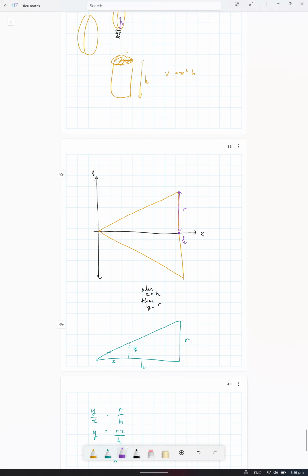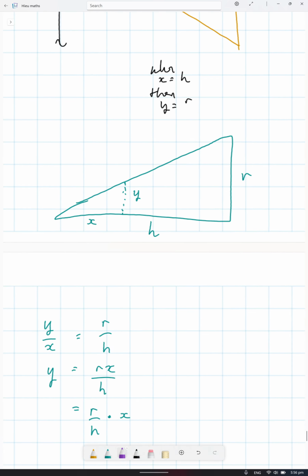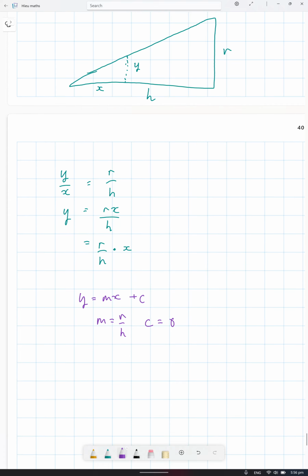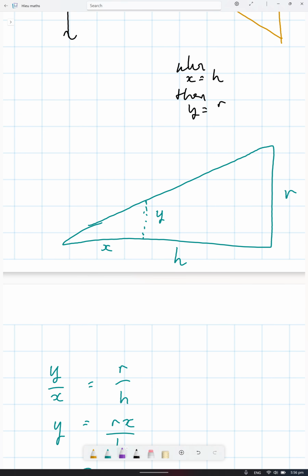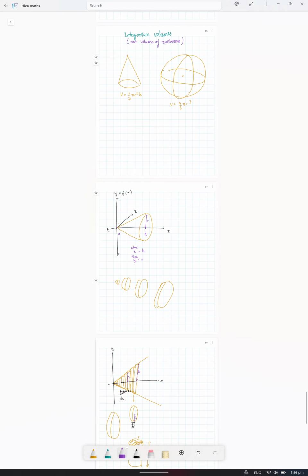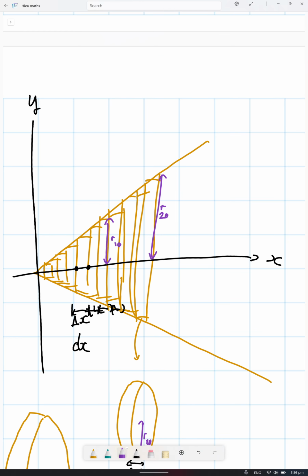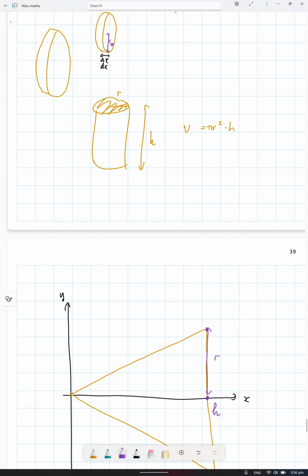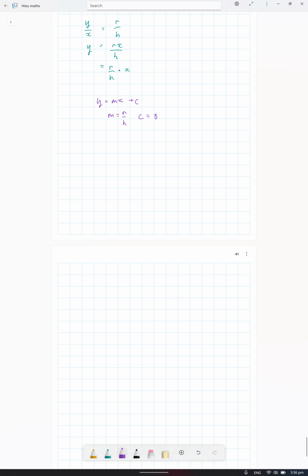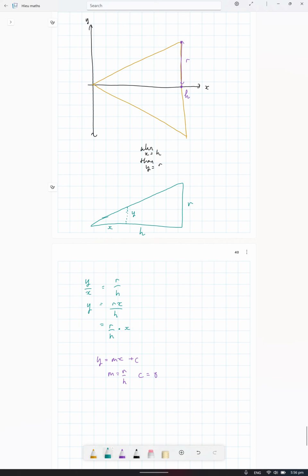That makes sense. This is just a straight line. So if we think in terms of ratios like this, we can find the ratio between y and x of every point on the triangle. And now we can find the radius at any point x, so we have a general formula for what the radius at each point is.